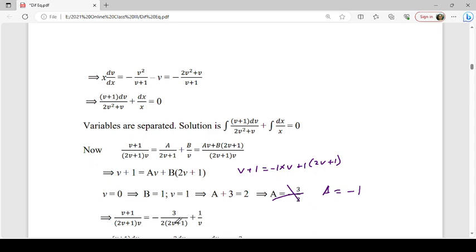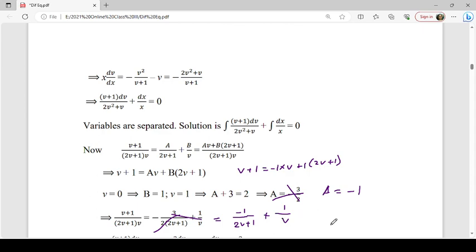Sorry, I was writing it wrong. So you write this now: (v plus 1) by (2v square plus v) is a by (2v plus 1), a is minus 1, plus b by v, b is 1.